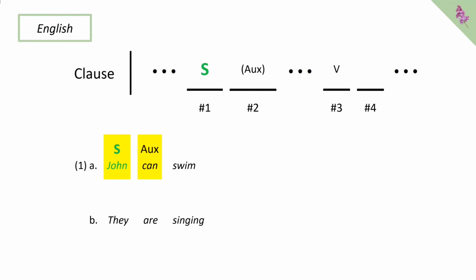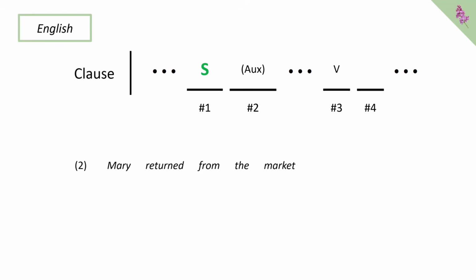Likewise, in b, we see the s-argument they precede the position 2 auxiliary are. We can also take a look at example 2. Mary returned from the market. Even though this clause doesn't contain an auxiliary, note that it is still consistent with the idea that s-arguments occupy position 1.